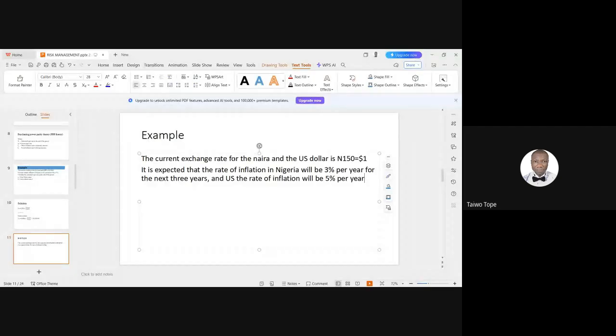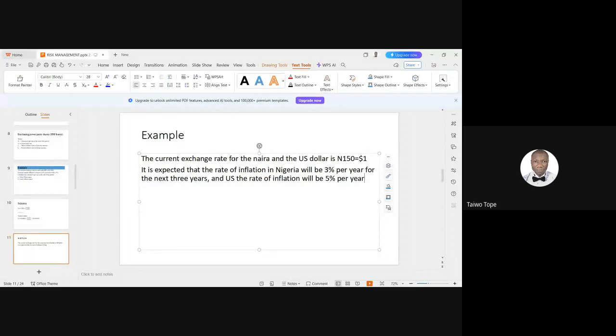So the question is this: using purchasing power parity, what will be the exchange rates? What will be the estimated exchange rate now, using the purchasing power parity?